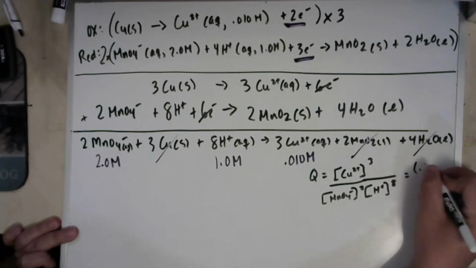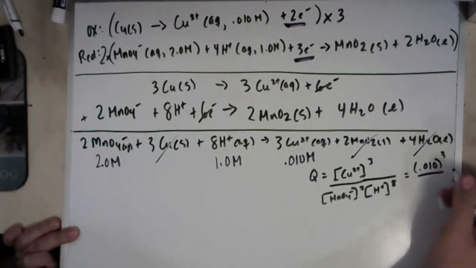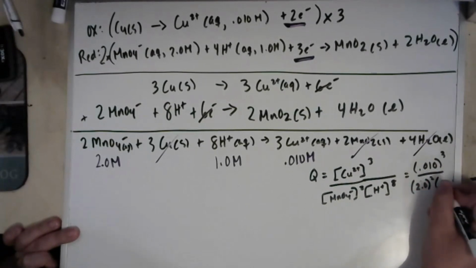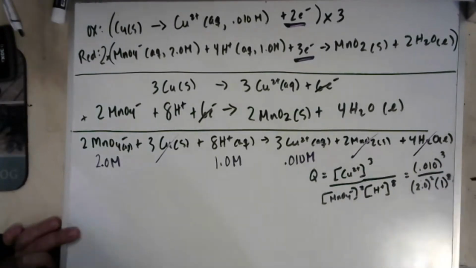So we end up with 0.010 cubed over 2 squared over 1 to the 8.